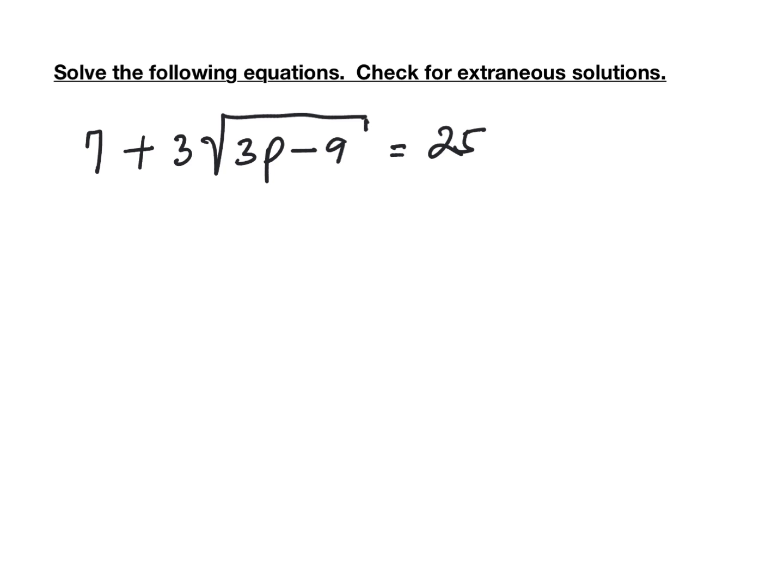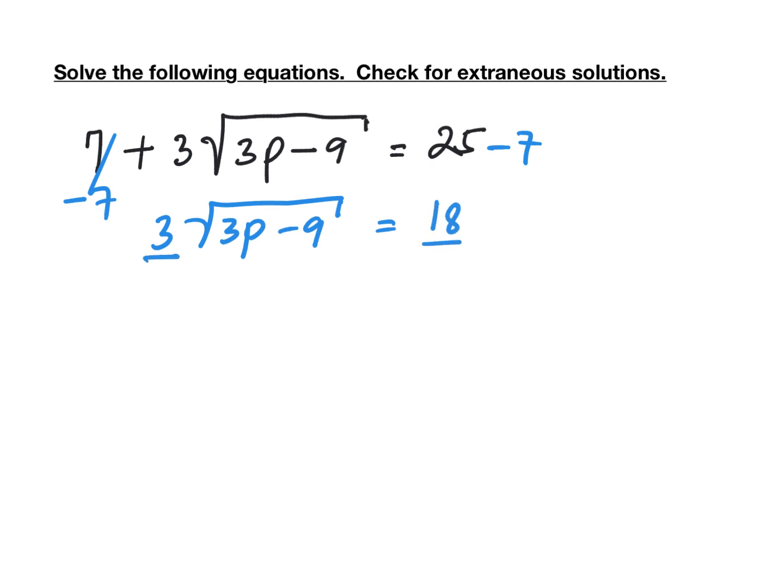Okay, here's the last one: 7 plus 3 root 3p minus 9 is equal to 25. First thing I'm going to do in here is subtract 7 on both sides. So what's left is just 3 root 3p minus 9, and 25 minus 7 is going to give you 18.